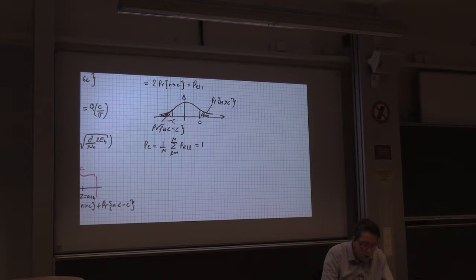So this is 1 over m, and we have 2 times PE1. These are the outer points. Plus, how many inner points do we have in general? Well, we have m minus 2 inner points, and it should be multiplied with the same number, PE1, times 2.